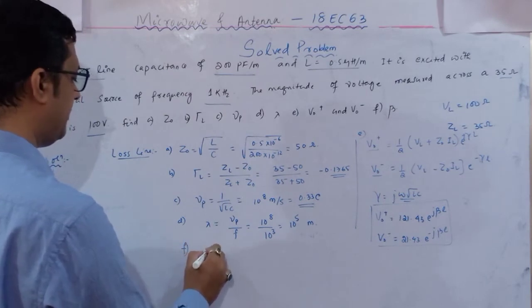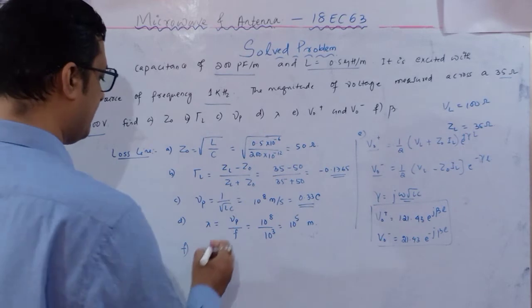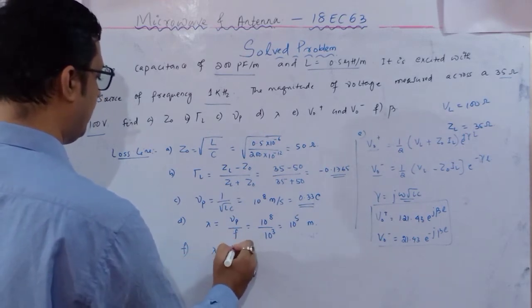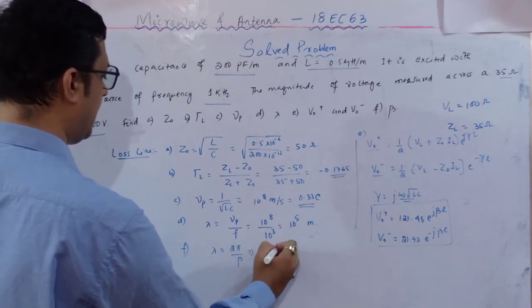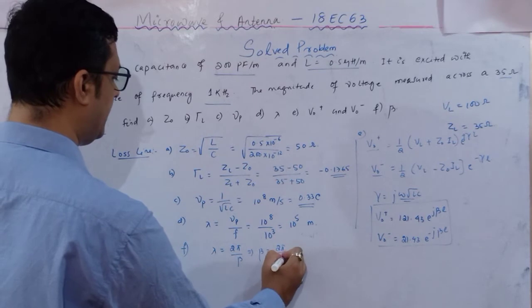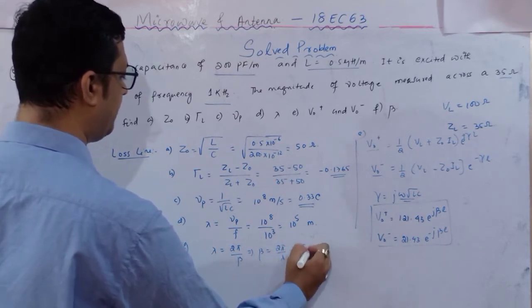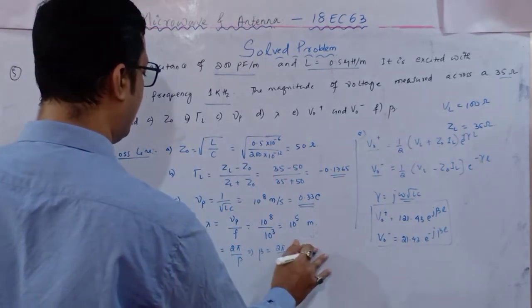Beta is a simple one. As lambda is equal to 2 pi by beta, we can say beta is equal to 2 pi by lambda. So 2 pi divided by 10 to the power 5, you will get this much beta, in radians per meter.